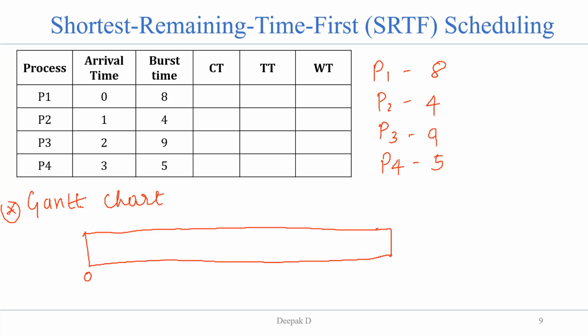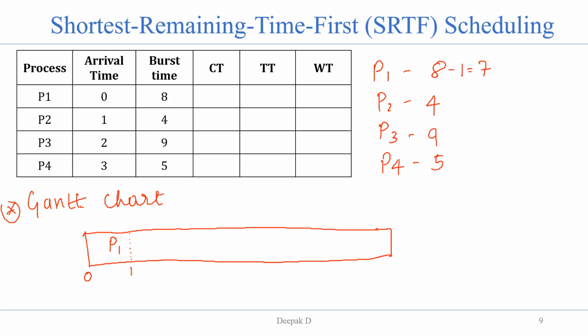So what I do, CPU is given to the process P1 and it will execute for 1 millisecond, and once I execute, I will check whether any other process has arrived with a shorter burst time than P1. Here you can see P1 has executed for 1 millisecond and the remaining 7 milliseconds are yet to execute.